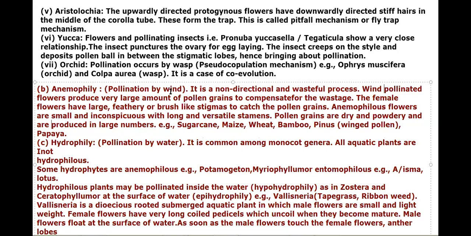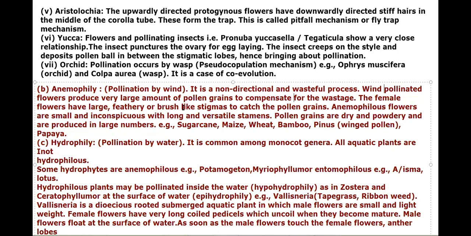Now anemophily is pollination by wind, so it is a non-directional and wasteful process. Can you explain why? The reason is you have to produce millions of pollen, and even if you bring millions of pollens, they may not achieve anything. So the chances of success in air pollination are very remote. Wind pollinated flowers produce a very large amount of pollen grains to compensate for the wastage.